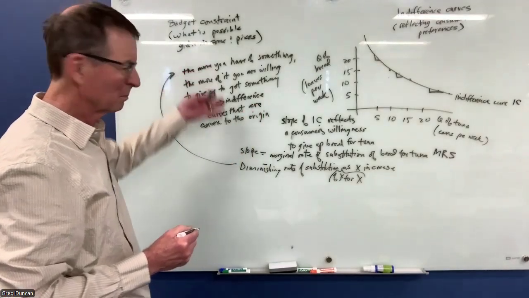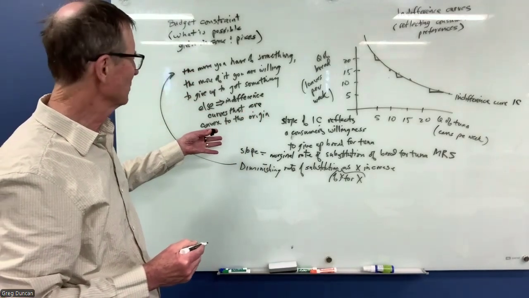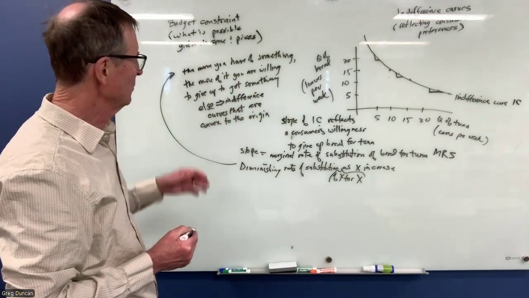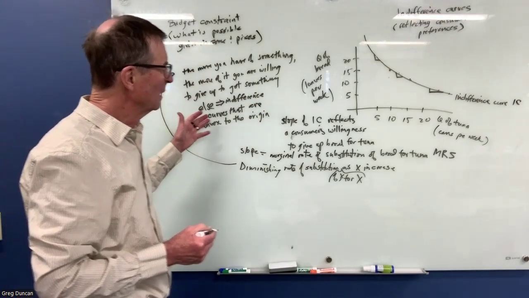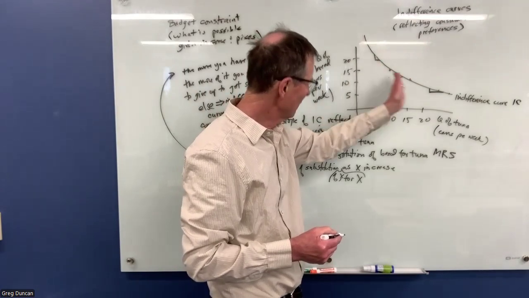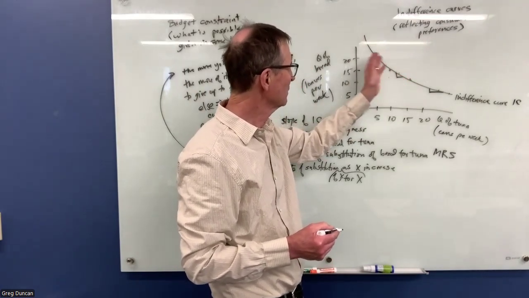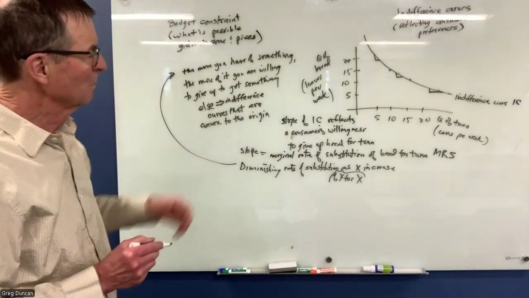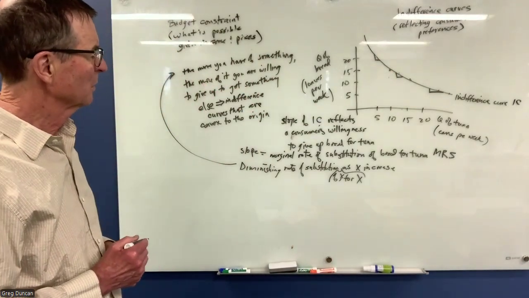Okay, so that's perfectly reasonable. The more you have of something, the more you're willing to give up to get something else. And to the extent that's true, then you're going to have these indifference curves have this curvature, they're not straight, in a way that's convex to the origin.